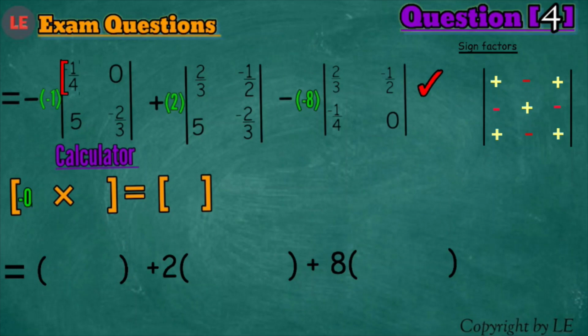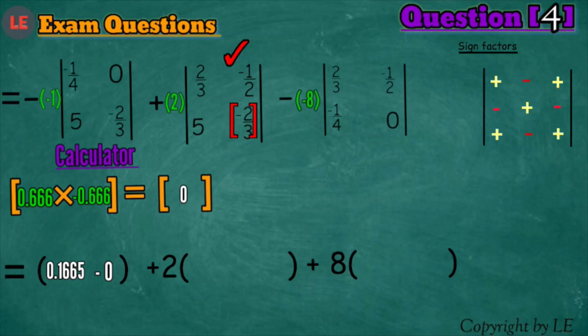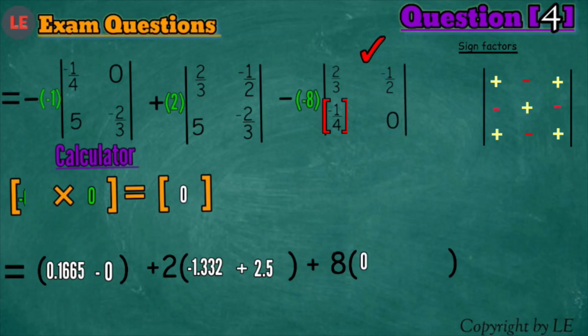That will be this negative 0.25 times this 0.666, then apply minus, thereafter it's this 5 times this 0. On this minor, we say this 0.666 times this negative 0.666, minus 5 times this negative 0.5. This last group: this 0.666 times 0, minus, then this negative 0.25 times this negative 0.5.